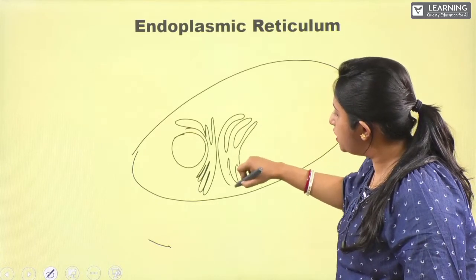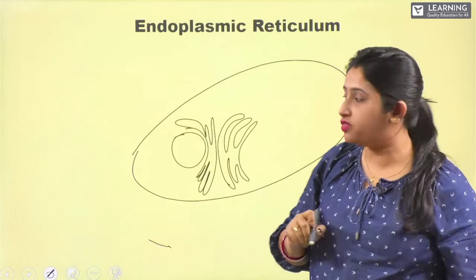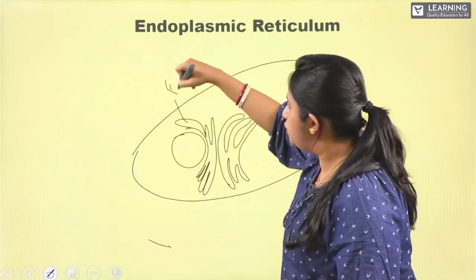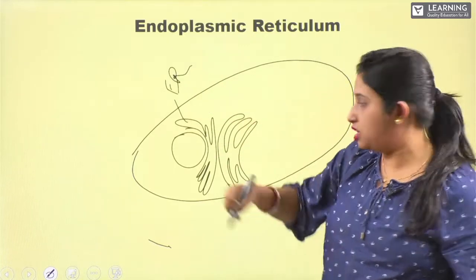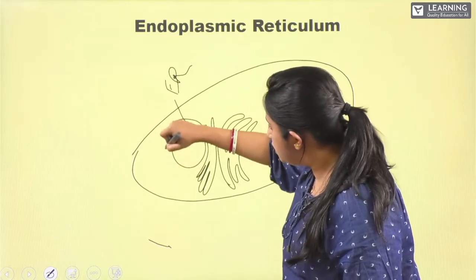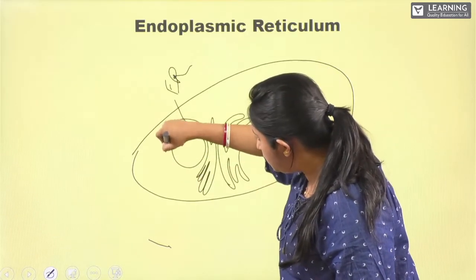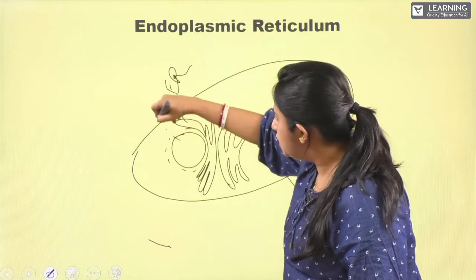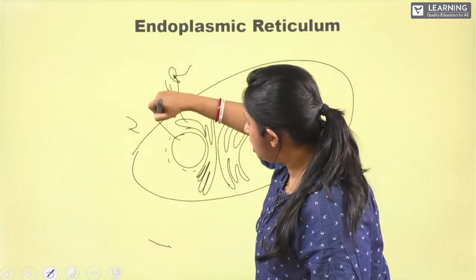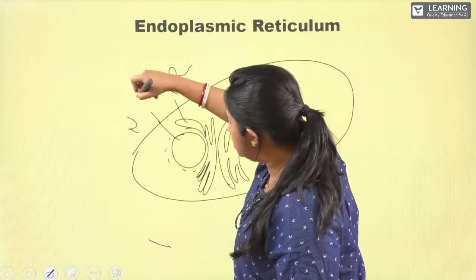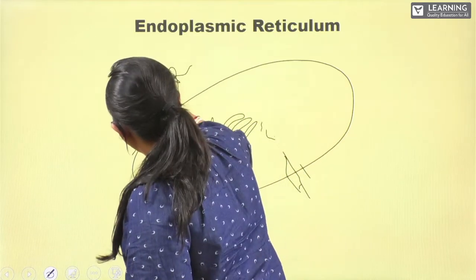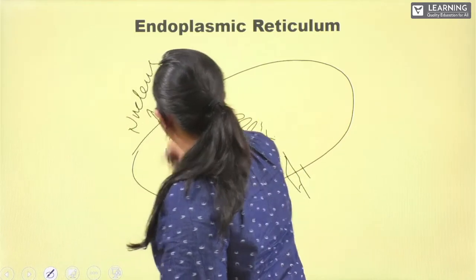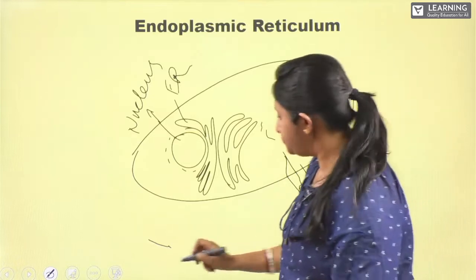It is also present near the endoplasmic reticulum. The nucleus will have the nuclear membrane too, right? This is the nucleus of the cell, and this is the endoplasmic reticulum.